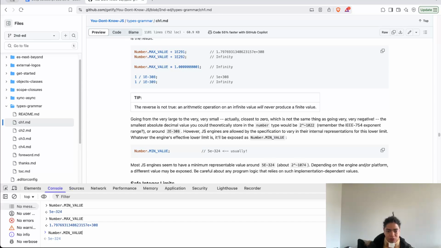So the maximum value is 1.79 with 308 trailing digits, or with the other one, 324 trailing digits, but in the negative space.